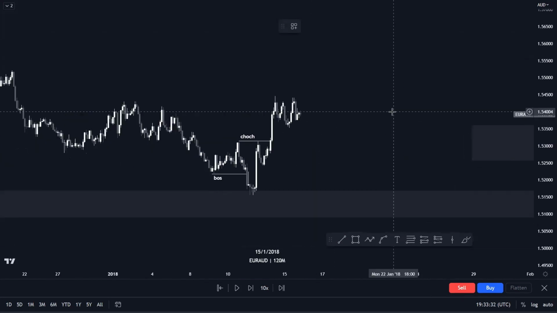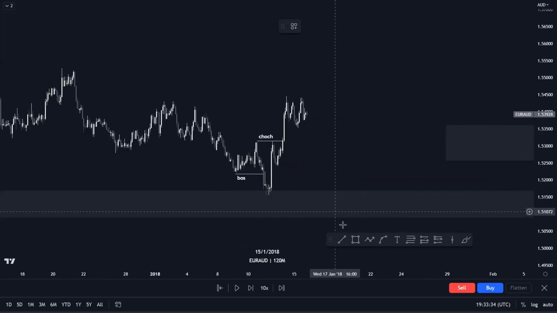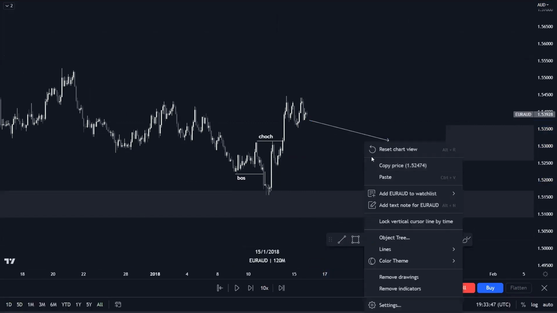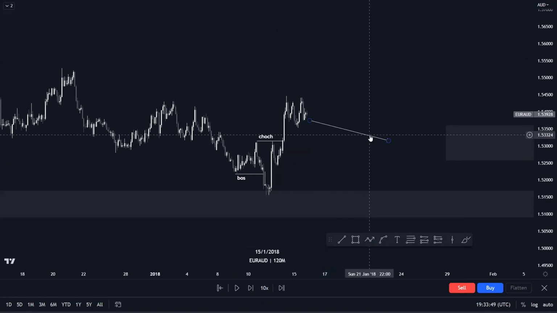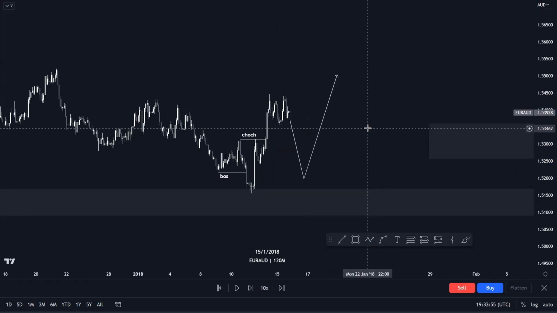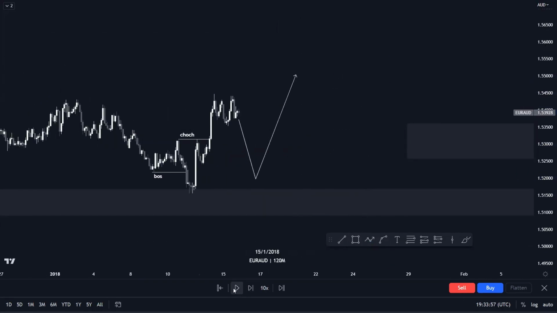Once it has created a change of character, you'll be looking for price to push to the downside, to respect our change of character here and push to the upside. Okay, so let's see what price does.